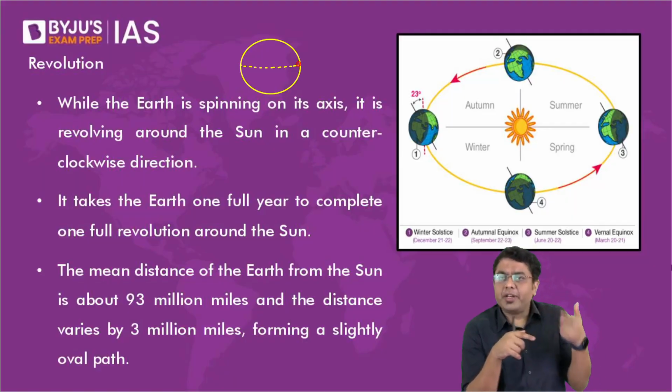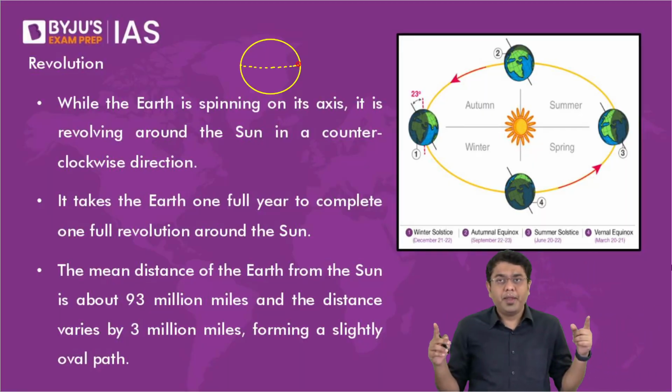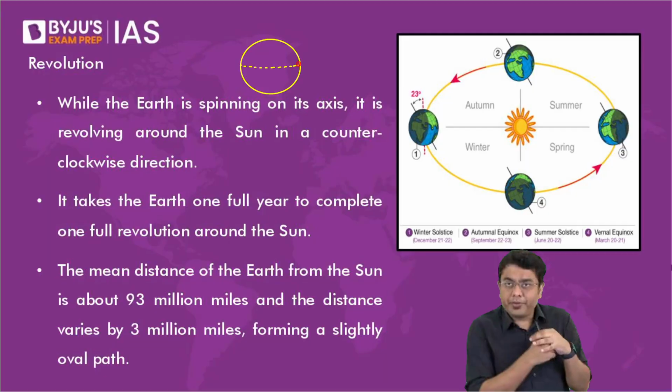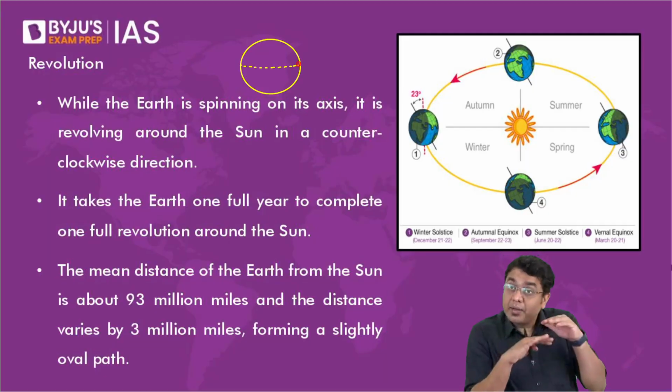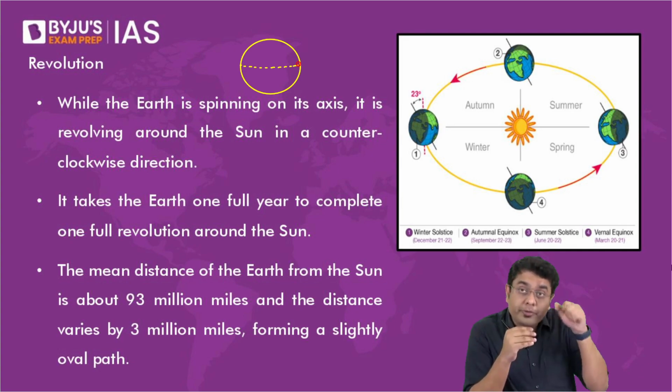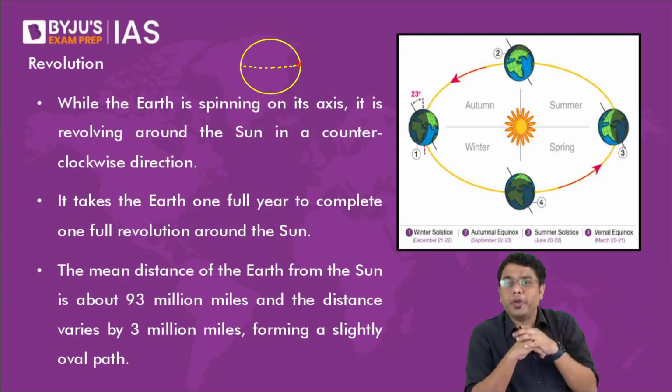Let the winter season come in, and you will find that days are short and the night time is longer. Why do you think this happens? When the days are short, it means your portion of the planet is getting exposed to sunlight for a small duration. It is away from sunlight for a longer duration.